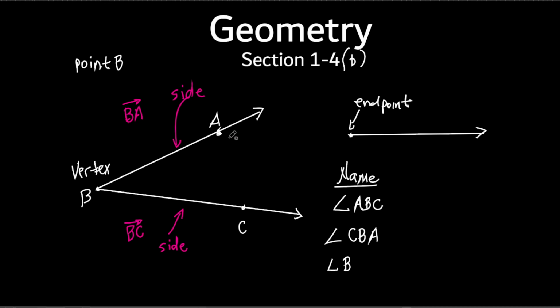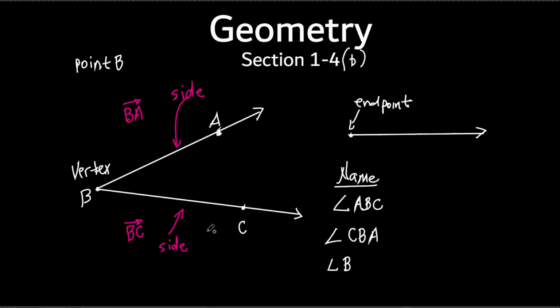Could I say ray AB? No, why not? That's right, you got to start with where the end point is, okay? A is not the end point. It's just some point on the ray, all right? This ray does not keep going through B, does it? It stops at B. That's the end point. So I cannot call this ray AB. Everybody getting this?